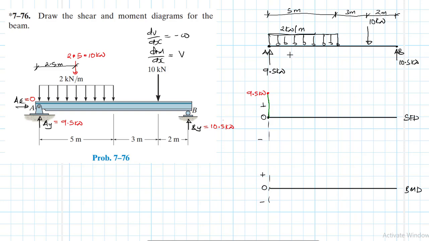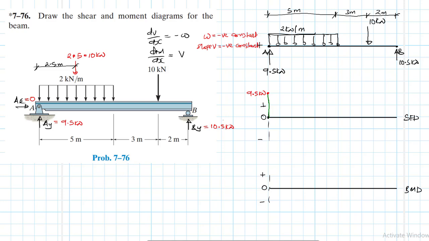Some principles that we can use: we have the load, which is negative, and it is constant, right? Therefore, we expect the slope for shear also to be negative.